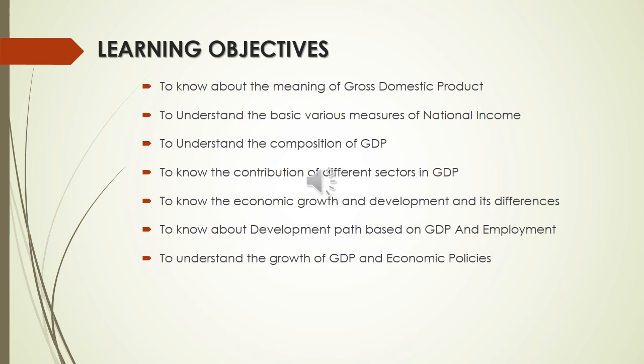Then second, to understand the various measures of national income. How can the national income of a country be measured? What are the terms used for measuring the national income? You will learn. Then to understand the composition of GDP.